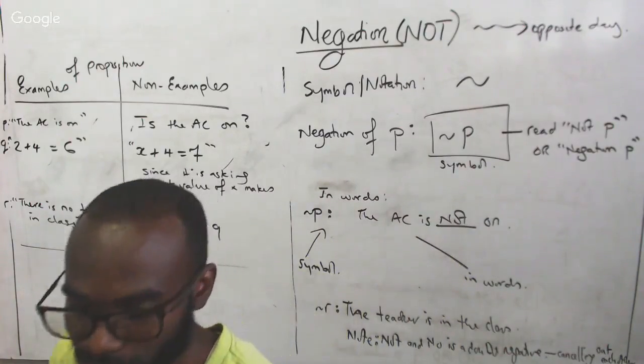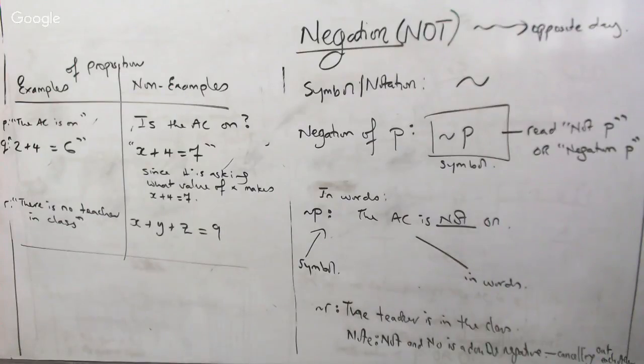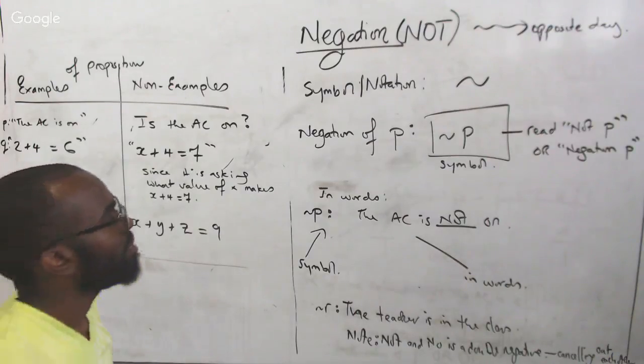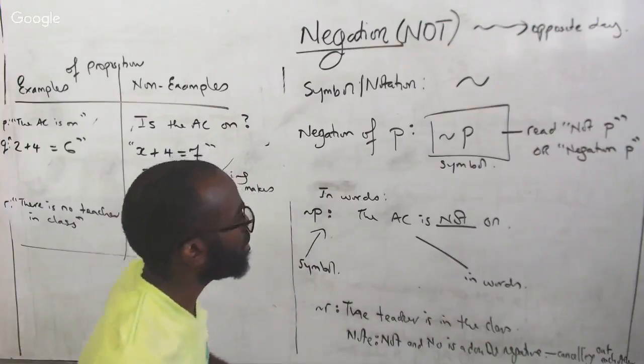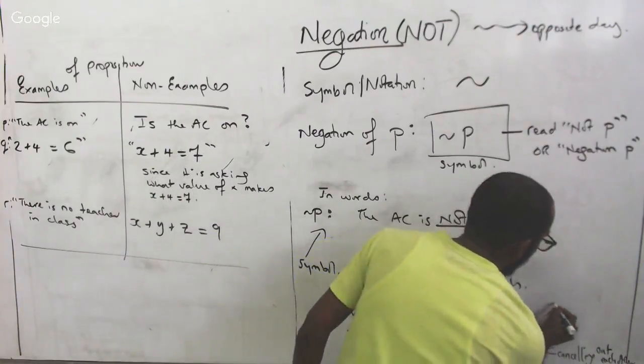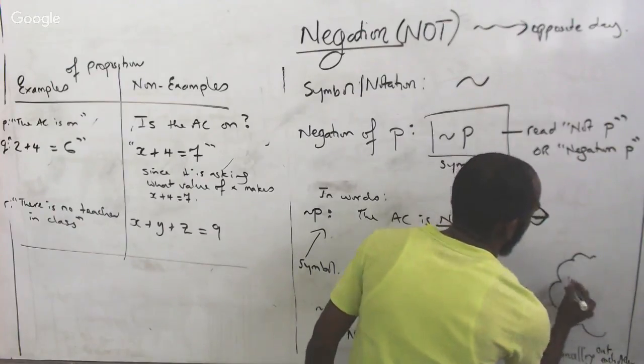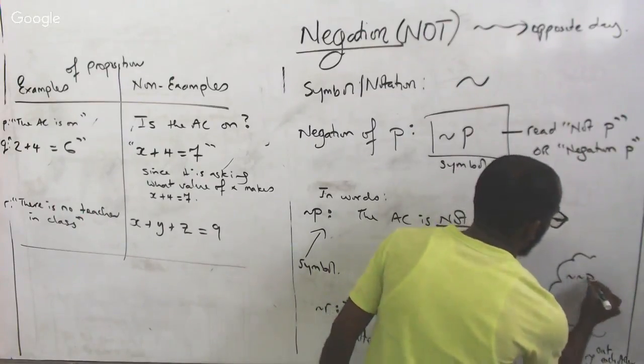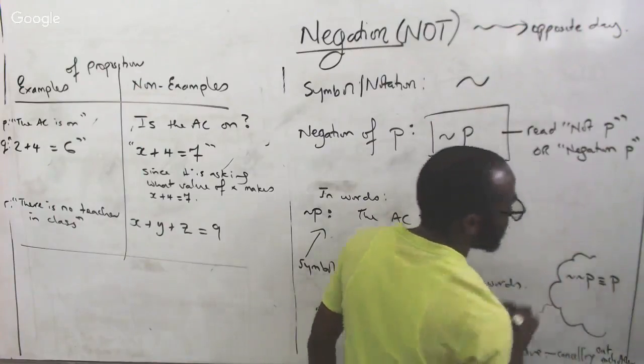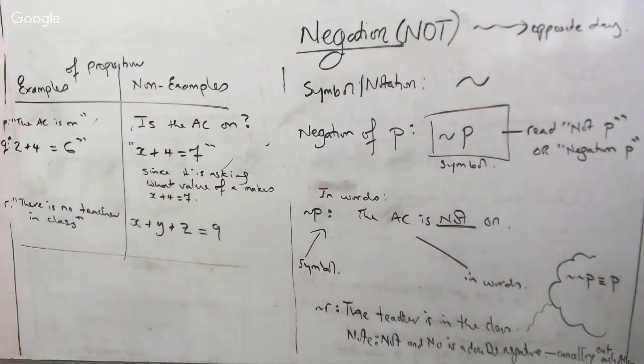That's why it makes it opposite, right? So later on, you're going to learn, in particular in symbol, that squiggly of squiggly P is equal to P. Good? Because not cancels each other. Right, just like when you have negative times negative is positive. That makes sense?